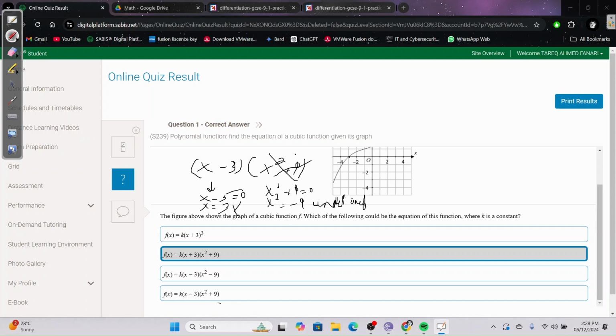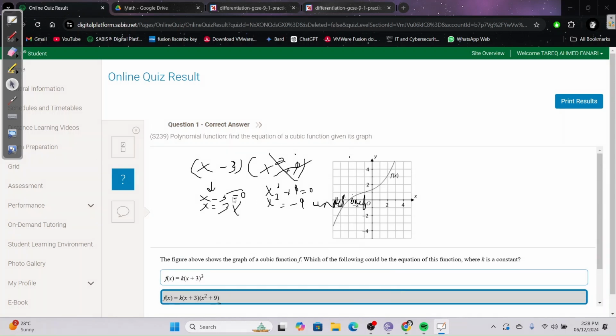Okay, so basically it means we have one real root, which is satisfying the condition that we have. However, the root itself is not correct because x equals 3 according to this equation, but here and on the graph, x equals -3. So it's not correct, leaving only this one.